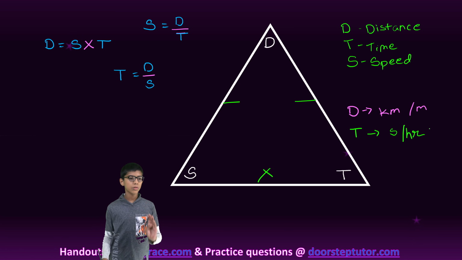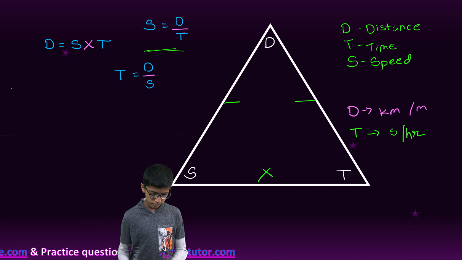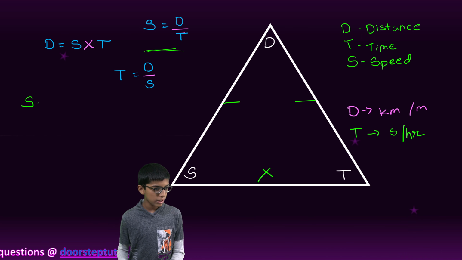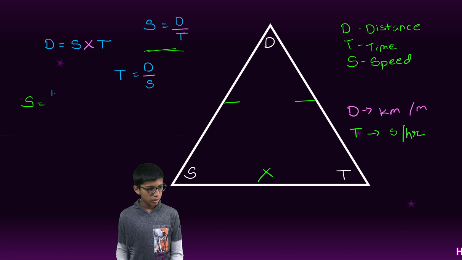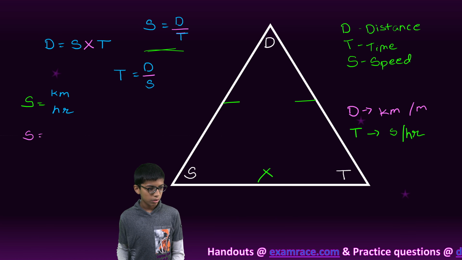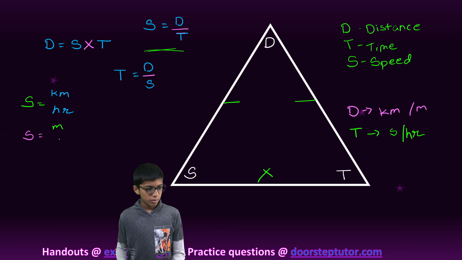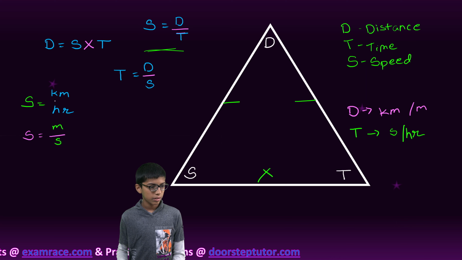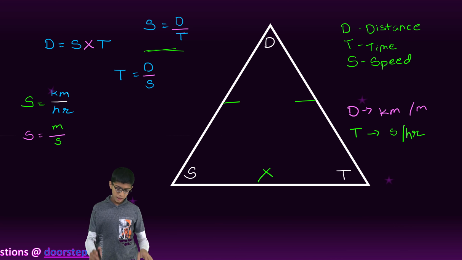So there are 2 units for speed with this formula. Speed equals either kilometer upon hours, or speed is also equal to meters per second. These two are the main units.